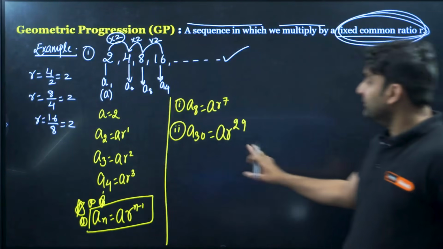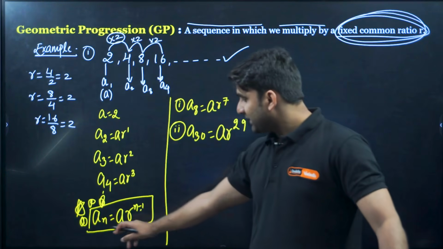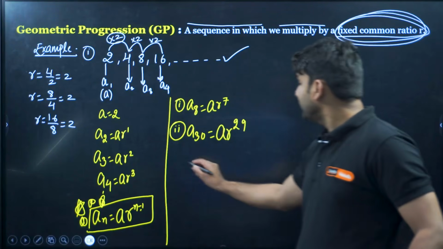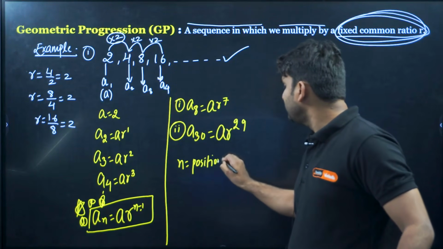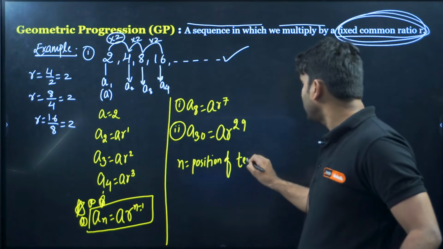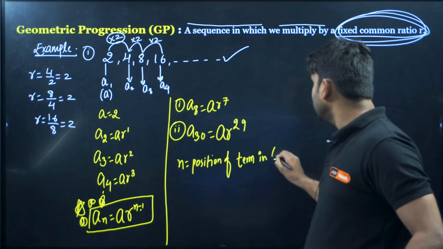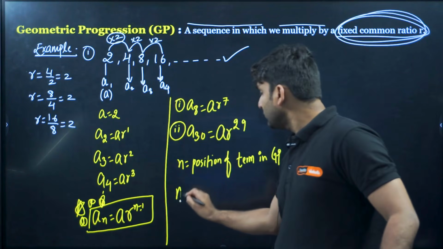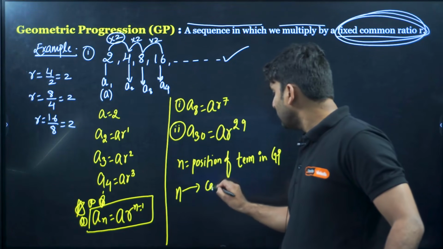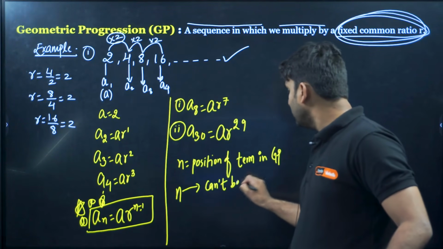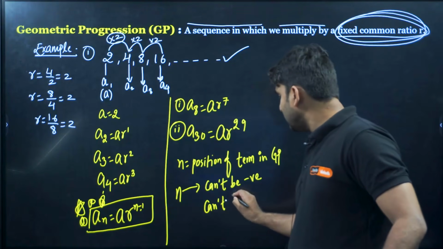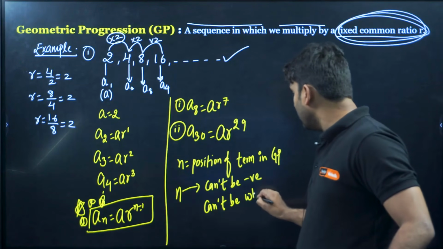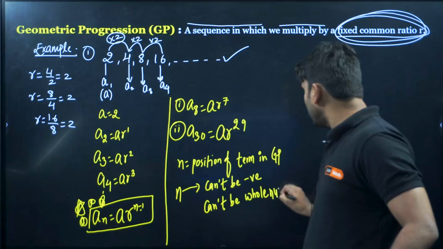Similarly in GP, n is the position of the term in GP. So n can't be negative and it must be a whole number. Just use your common sense, guys.